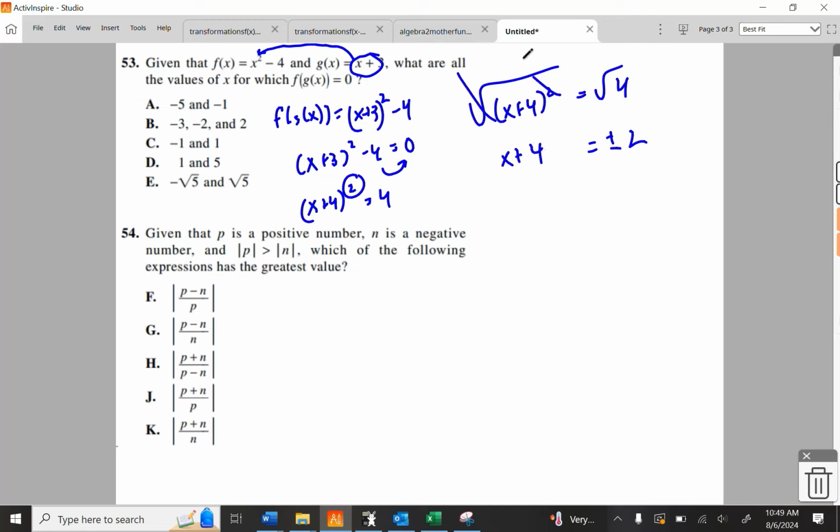And the square cancels out the square root and vice versa. So x is going to be plus or minus 2 minus 4, not 2. And 2 minus 4 is going to be negative 2 or negative 6. Apparently, I've done something wrong because that's not a 4, that's a 3.